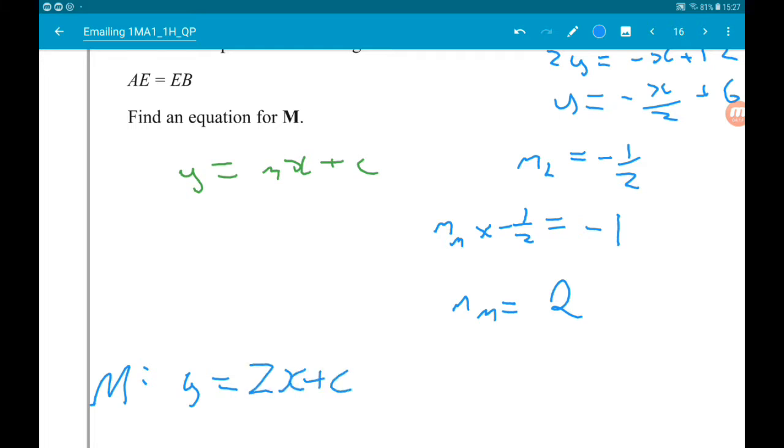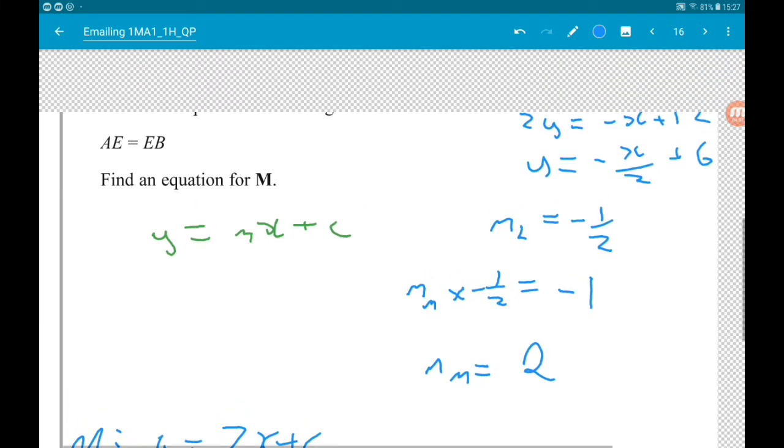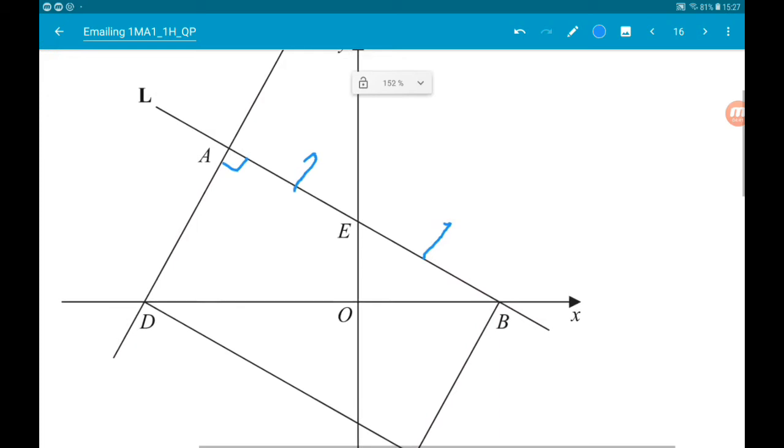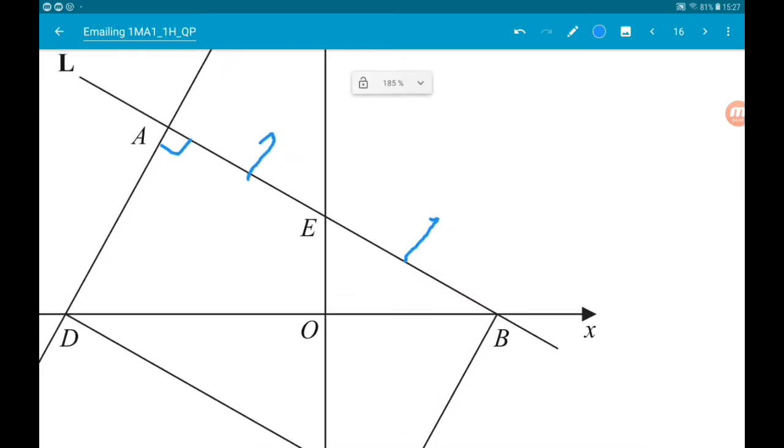So how do we then find the value of c? Well, to do this, we need to know a set of coordinates that lie on M. So how in the world do we do that? Well, we need to go back to line L. Now remember that A, E and E, B are the same length.